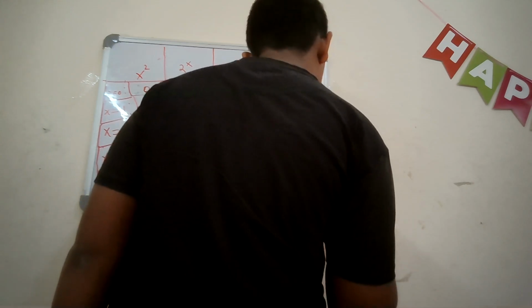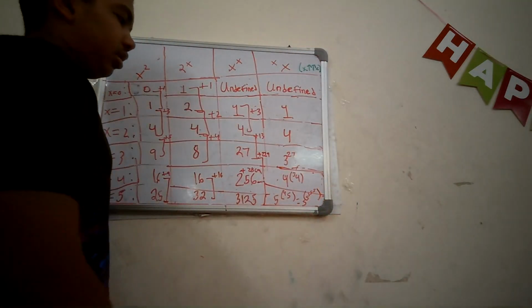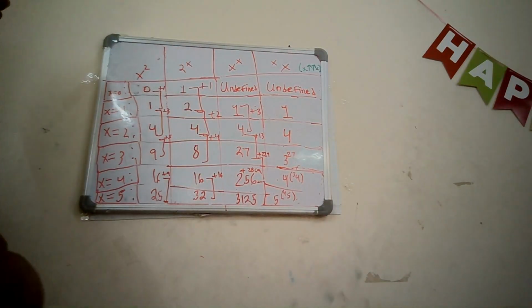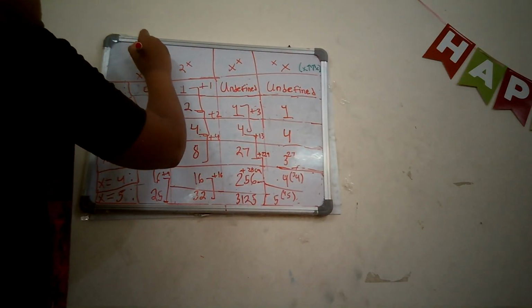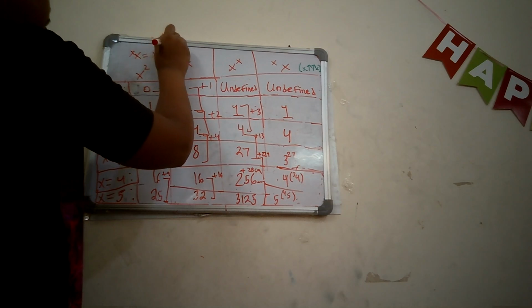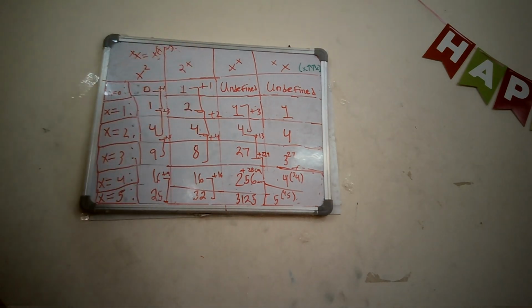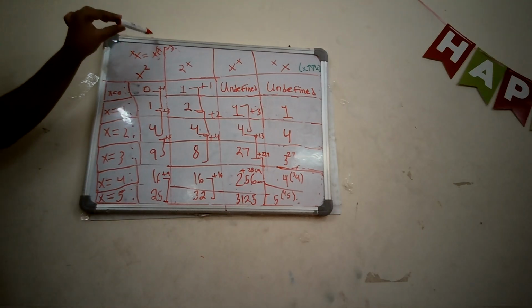And there's a pattern here. This is also tetration. So there's a pattern that when we have a tetration of x, we can write this as x to the power x to the power x. And we also have a repeated tetration here: x to the power x to the power x.